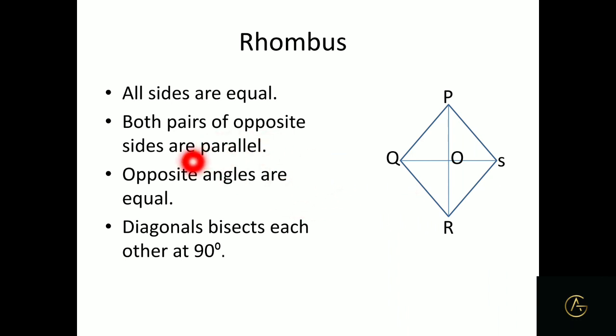Both pairs of opposite sides are parallel. PQ is parallel to SR, QR is parallel to PS. Opposite angles are equal. Angle P is equal to angle R, angle Q is equal to angle S. And diagonals bisect each other at 90 degrees. These diagonals bisect at point O, which makes a 90-degree angle. This is the rhombus.